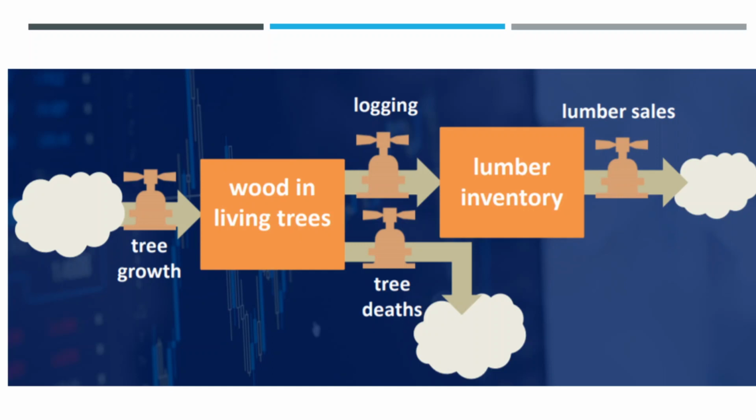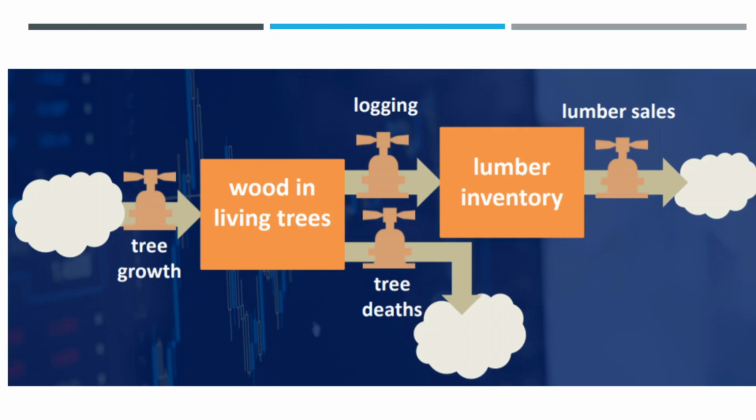Ayan. So, ang inflow ng woods in living trees ay tree growth. So, syempre, kapag merong tumubong puno, madadagdagan ang stocks ng wood in living trees. Now, ano ang outflow events na pwedeng mangyari para mabawasan yung woods in living trees? Of course, logging. Pinutol mo yung puno.